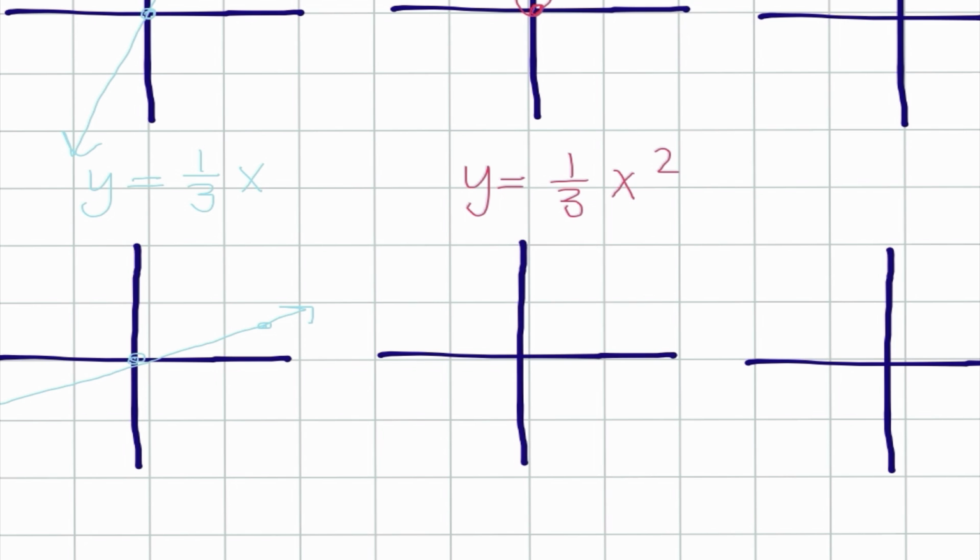Likewise, if I had y equals 1/3 x squared, okay, I'm going to start at the origin, go up 1 and over, I don't really need to draw that dot there. Okay, up 1 and over, 1, 2, 3, 1, 2, 3.